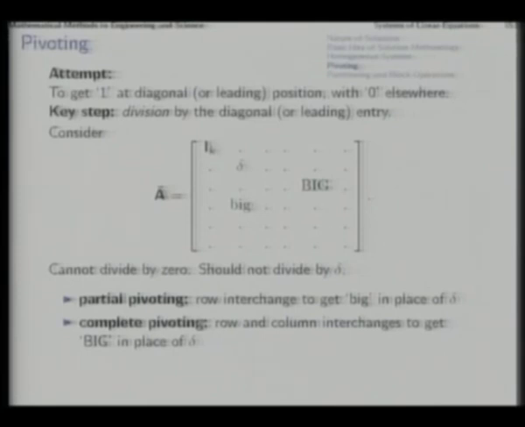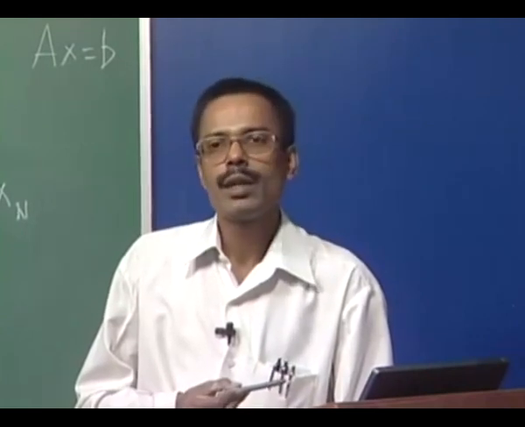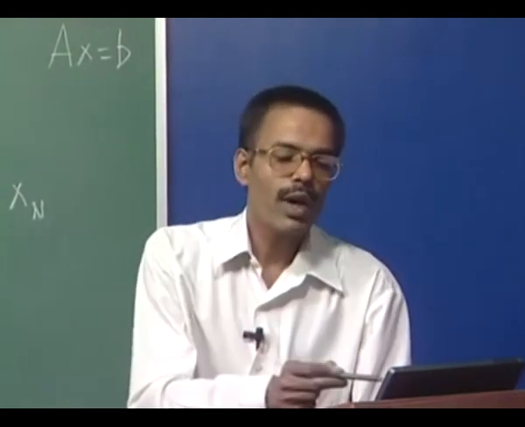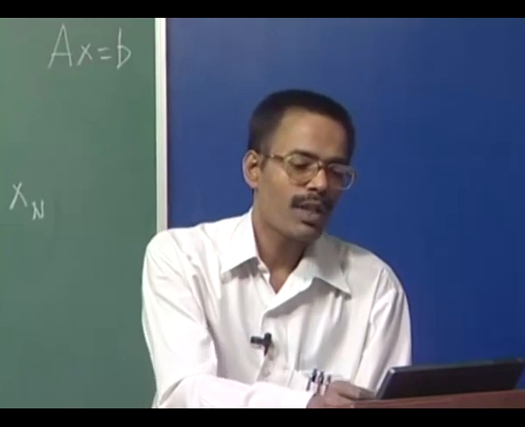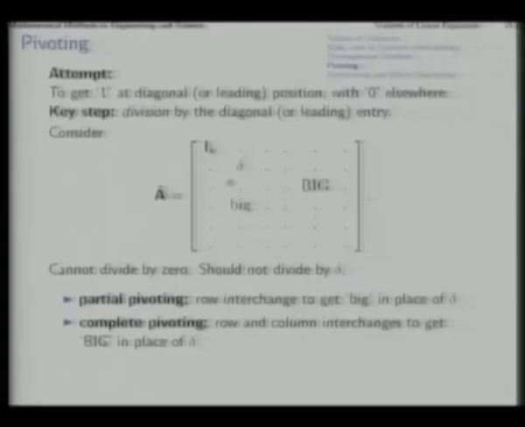Now, quite often in computational programs, you will find that complete pivoting is actually a wasteful exercise. We might do it, but it does not achieve a lot of advantage. Quite often or most often, partial pivoting helps to sort out the issue much more easily, though complete pivoting can be done.